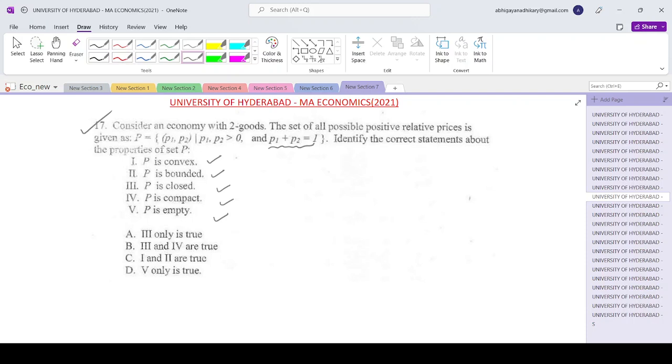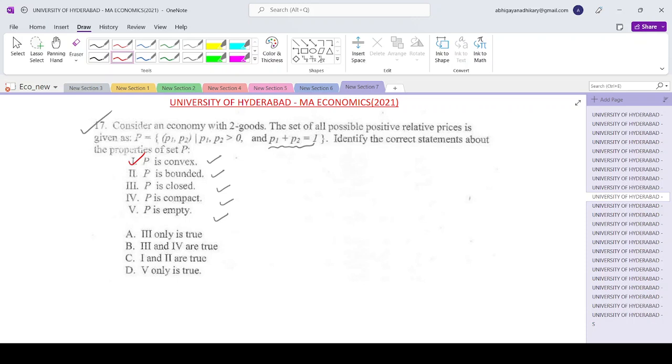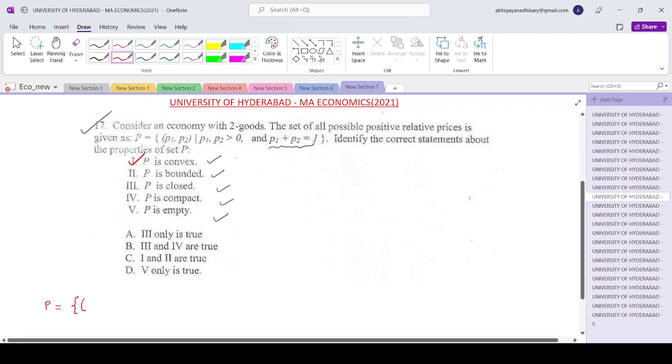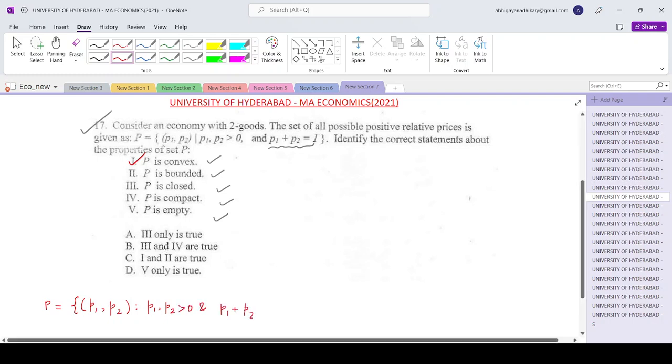Now, obviously, the terms might sound a little bit difficult to understand in most of the cases. So what we'll do, we'll go option wise so that it's easier for us to understand. If you look at the first one, what does the set P indicate? It basically contains all those prices P1 and P2 where individually both of them are positive and both of them add up to 1.